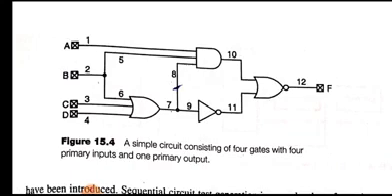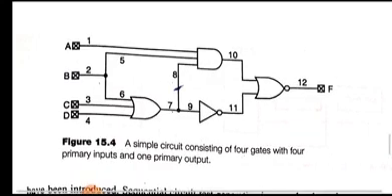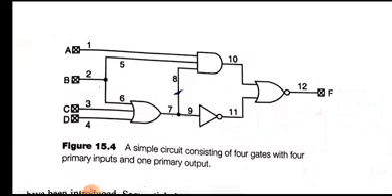Okay, so let's now consider the simple circuit that is given in figure 15.4, consisting of 4 simple logic gates. So to detect any defect on line number 8, which I marked here, the output of the 7th line and the input of the above AND gate.